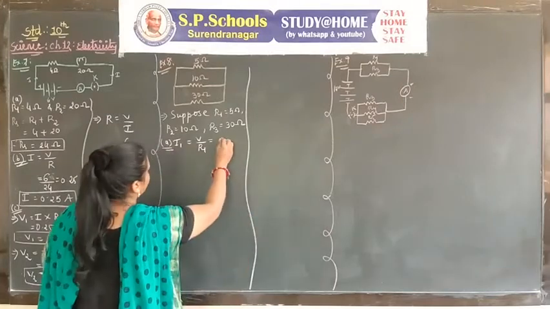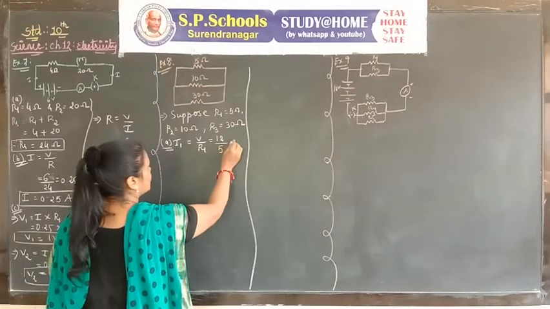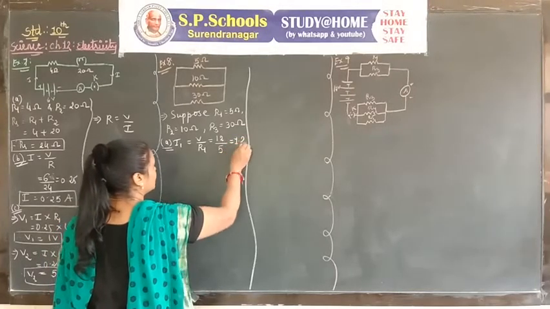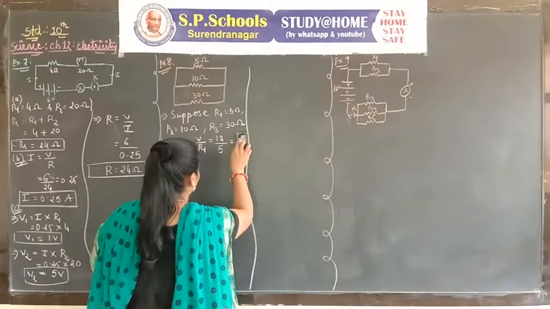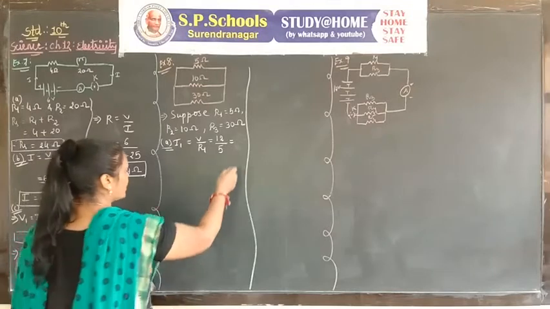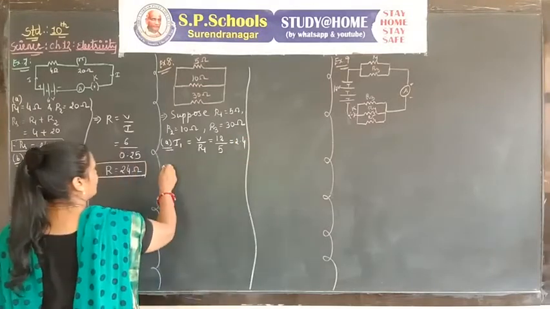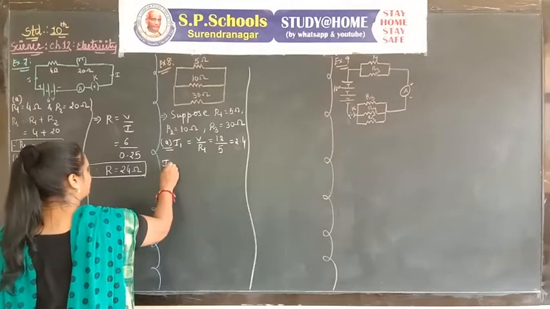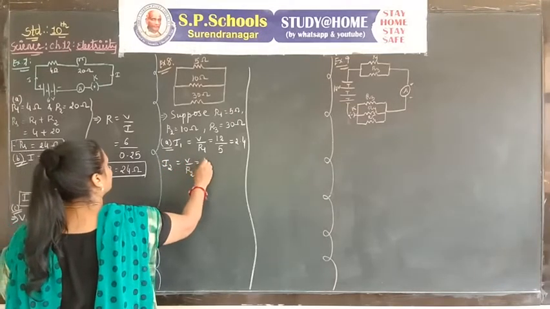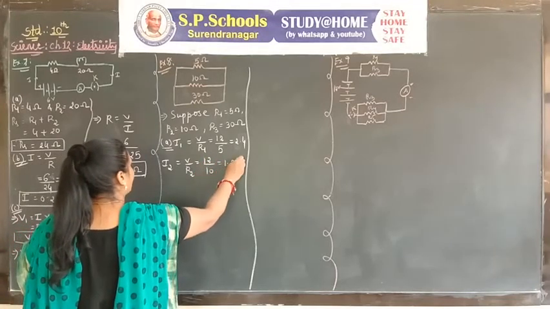So we calculate 12 upon 5, it will be 2.4. In case of I2, V upon R2, 12 upon 10 is equal to 1.2.